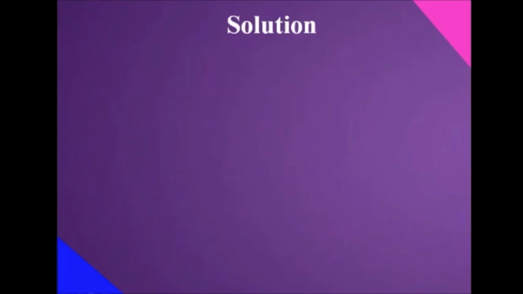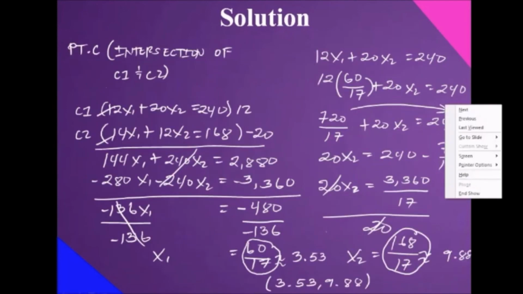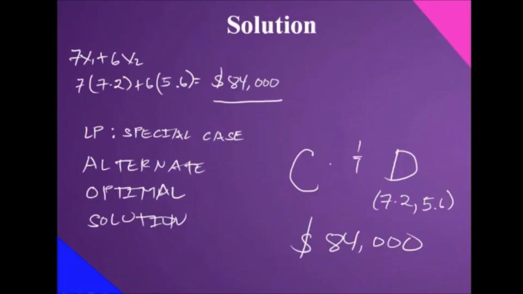For the C, ano ba yung value ng C natin? Yung decimal na ang ilagay natin. 3.53 tsaka 9.88.